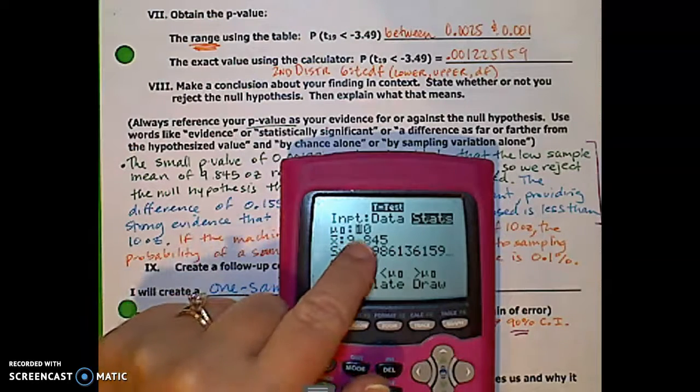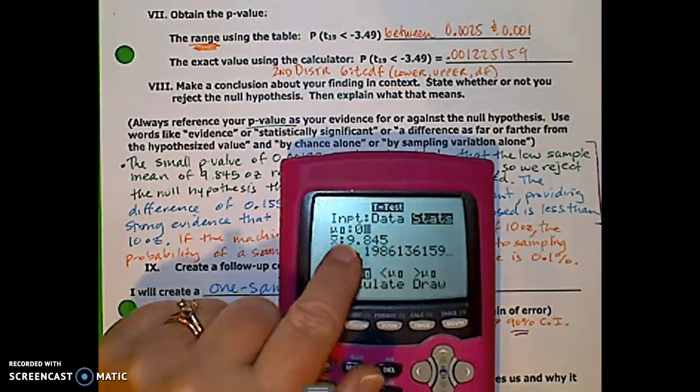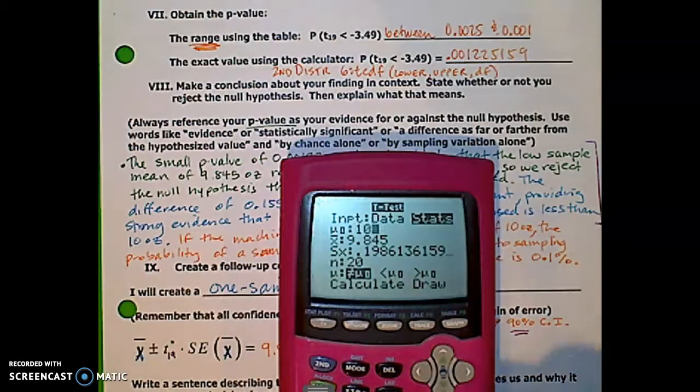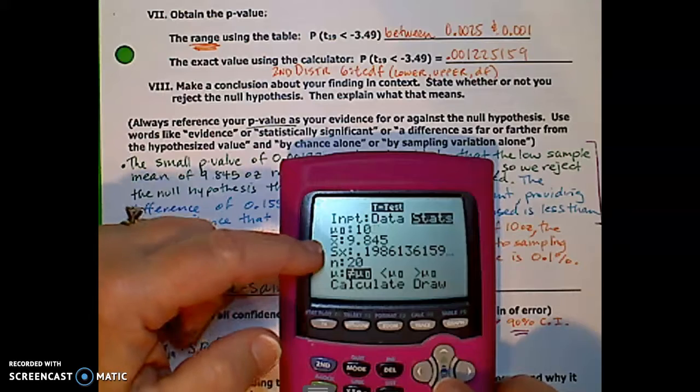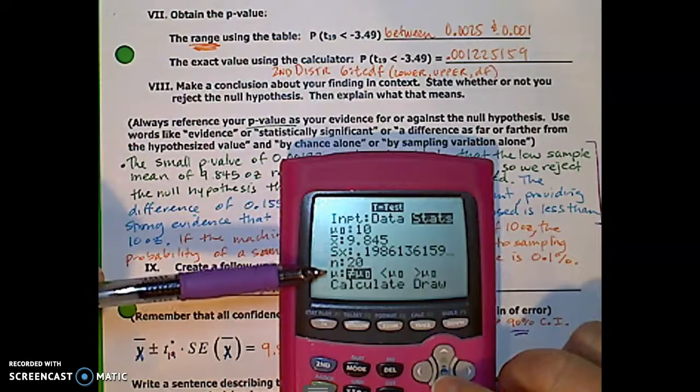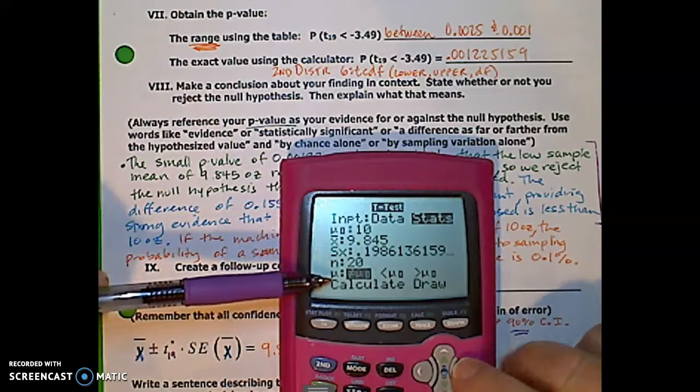The null mean, yours probably says 0 right now, but we want to put our null hypothesized value mean of 10. There's our sample mean, there's our sample standard deviation that the calculator already put in for us. Okay, so what do we have? We have a one-sided test.